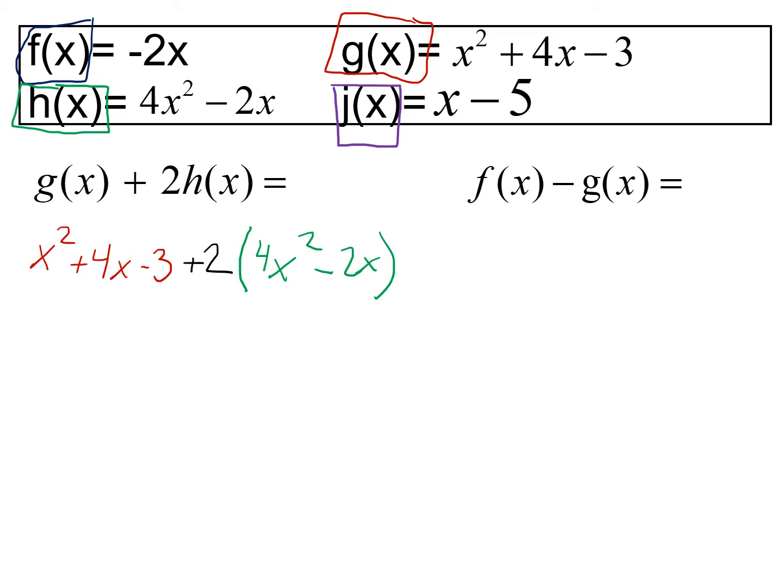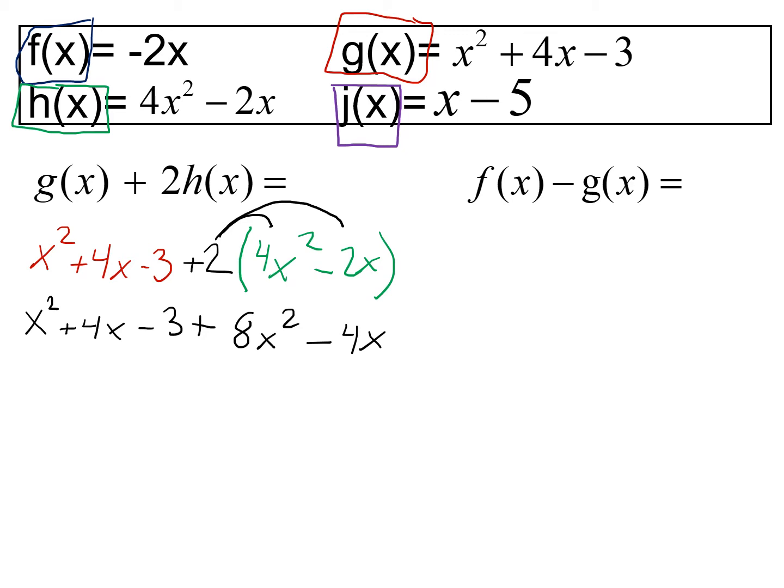From here I can simplify. Distribute the 2 through the parentheses, so I've still got x squared plus 4x minus 3. Now when I distribute, 2 times 4x squared would be 8x squared minus, and then 2 times 2x would be 4x. And I can combine like terms.